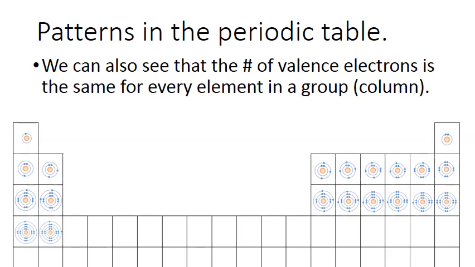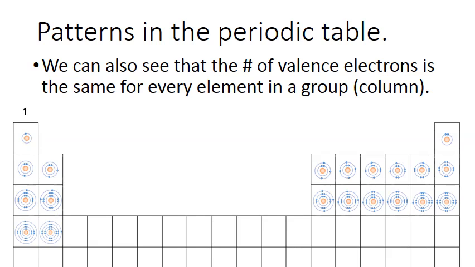So we can also see from looking at these Bohr diagrams that the number of valence electrons is the same for every element in a group or column. So for the first column there, the first group, those are the alkali metals, there is 1 valence electron.